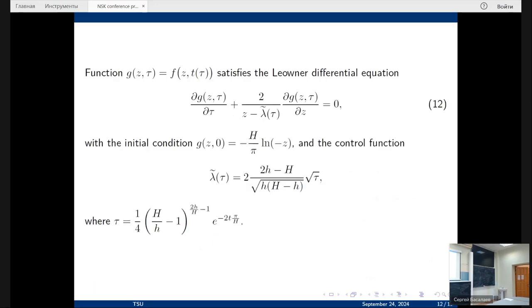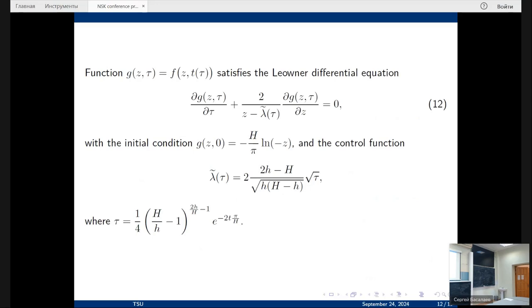When we come to the canonical parameter tau, the function g satisfies the Euler equation number 12, and as you see, we have the control function lambda as this formula. You see here we have the root of tau. If you go back and substitute alpha equals 0 in our general expansion of lambda, you can find this equation, and tau is found by the formula.